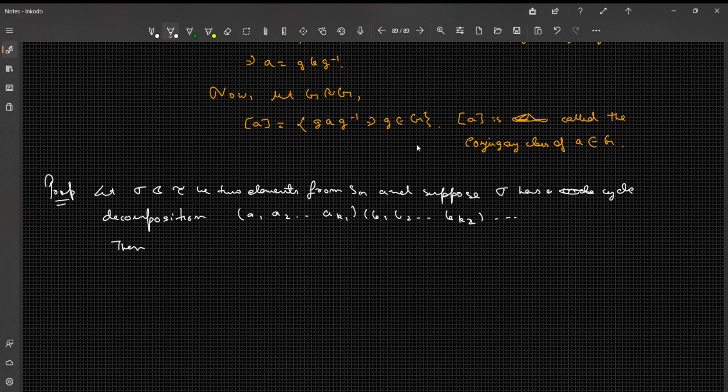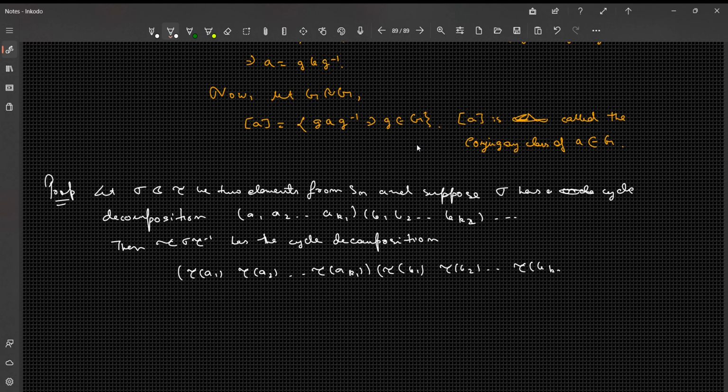Okay. Then tau sigma tau inverse has the cycle decomposition of the form (tau a1 tau a2 ... tau ak1)(tau b1 tau b2 ... tau bk2), and so on.